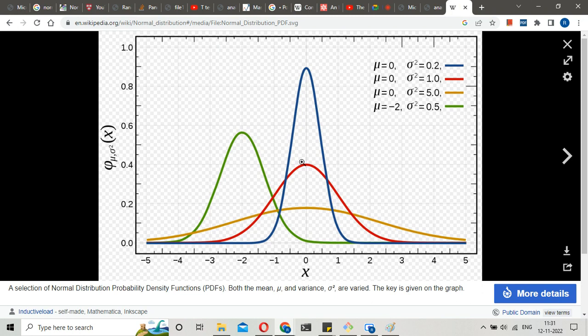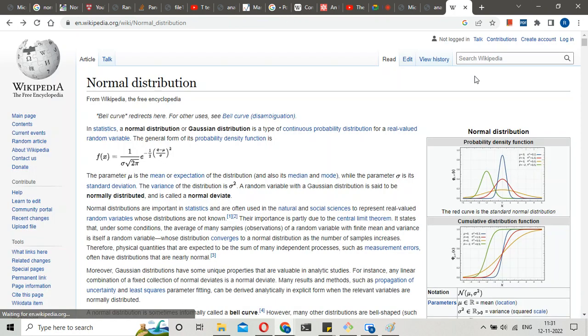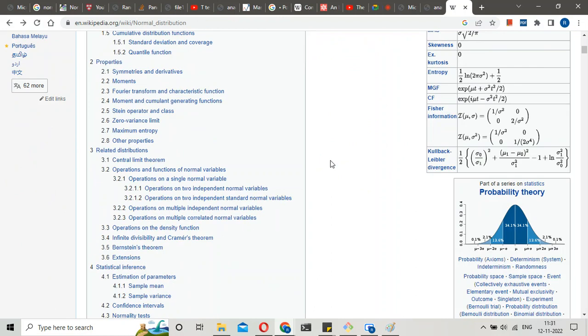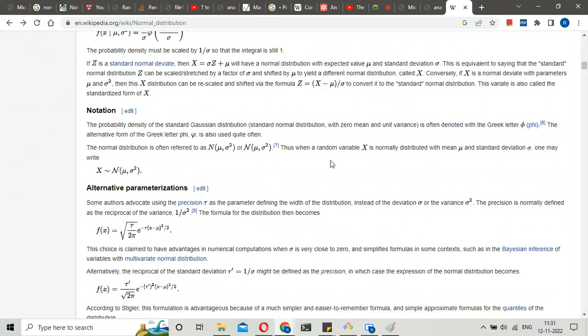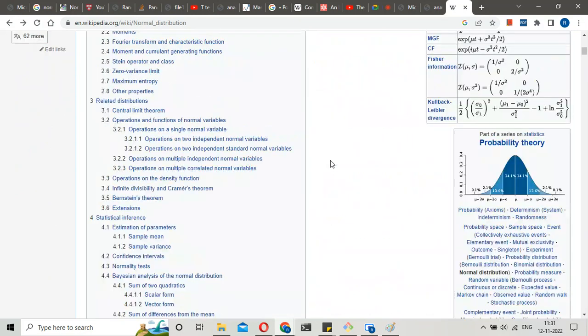So eventually, instead of trying to predict the population parameters directly, we do multiple experiments, trying to find some characteristics of this population. That is the idea.